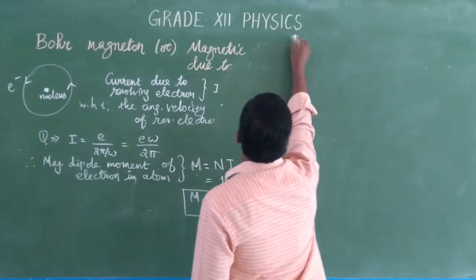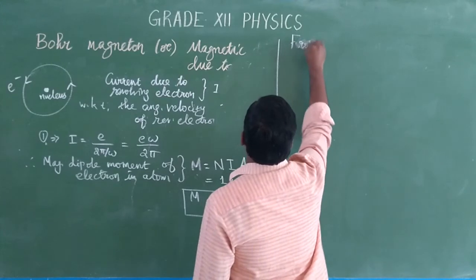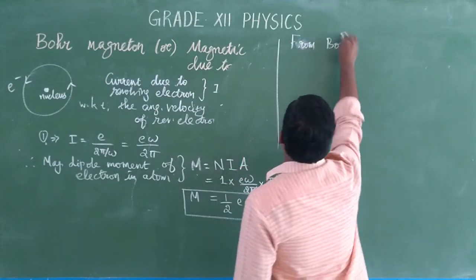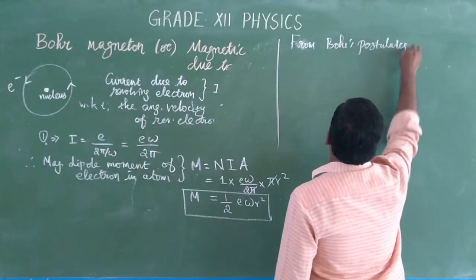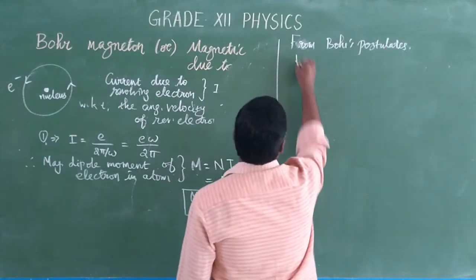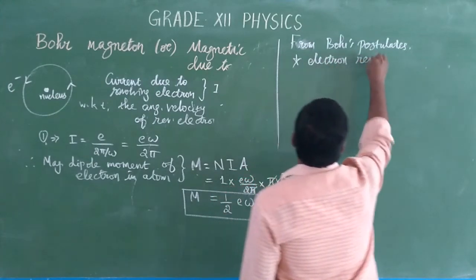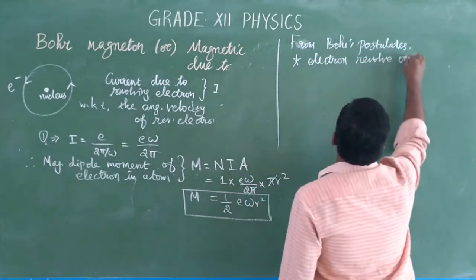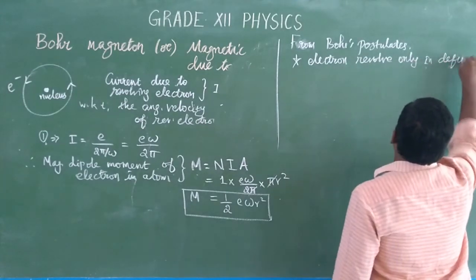So, from Bohr's postulate, what does the first postulate say? The electron revolves only in a definite orbit.